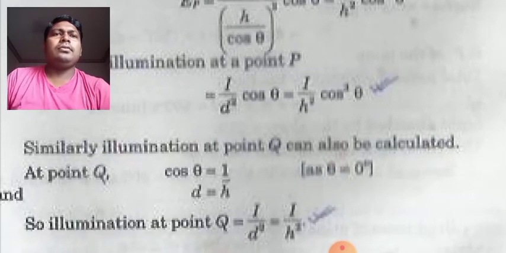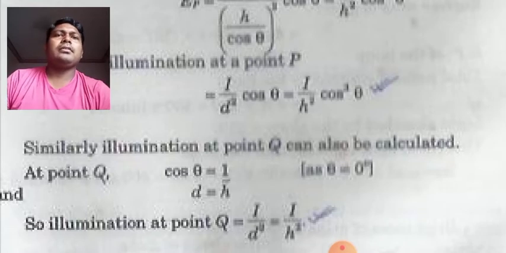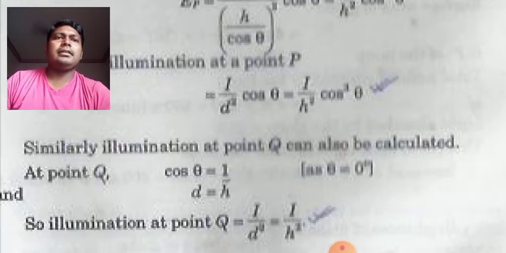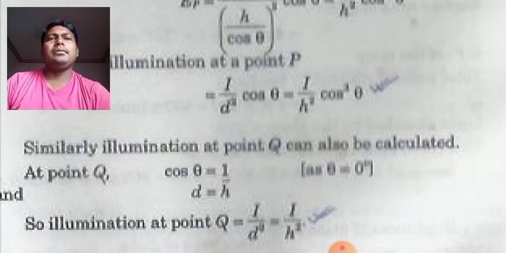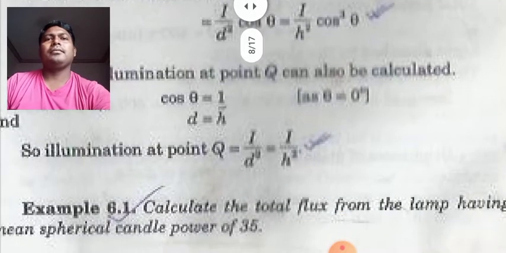And also the illumination at point Q can be calculated. How? At point Q, cos theta is equal to 1 as theta is equal to 0 degrees, so d is equal to h. So illumination at point Q is equal to I divided by d square, that is equal to I divided by h square.